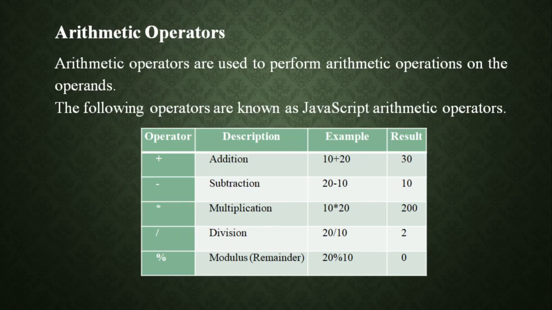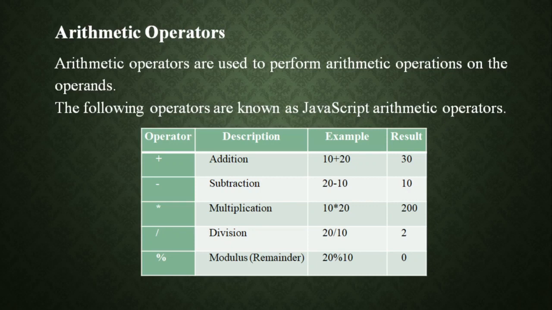These operators are mainly meant for doing mathematical operations like addition, subtraction, multiplication, division, and modulo operation. For doing these operations, we need arithmetic operands. Operator that is used for addition is plus and subtraction is minus. For multiplication, asterisk, and for division, slash, and for modulus, the mod operator.